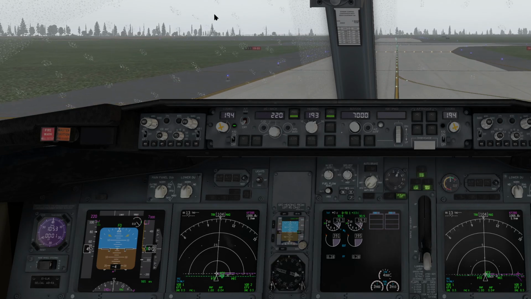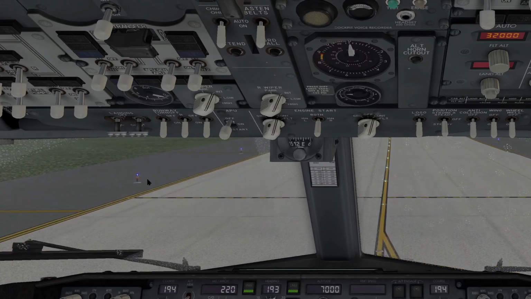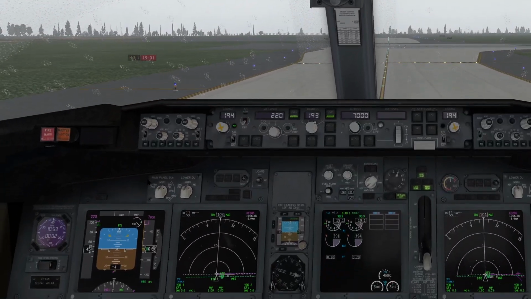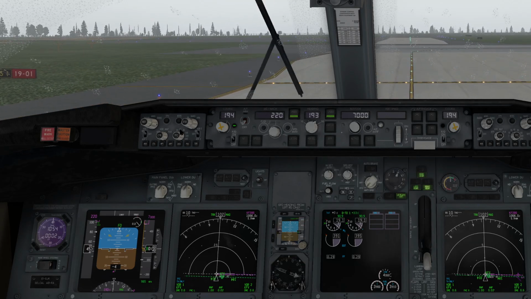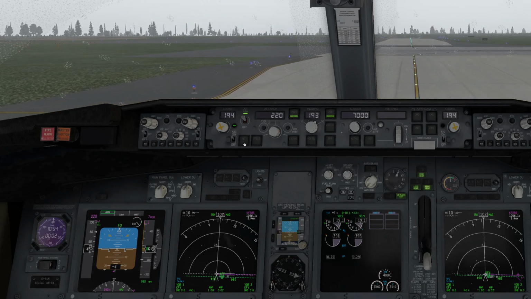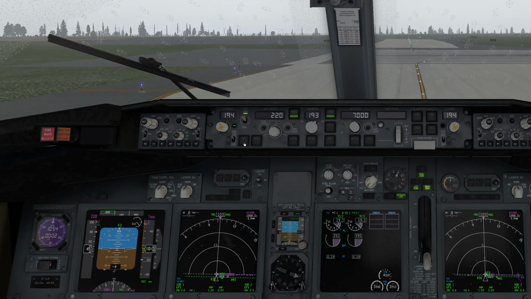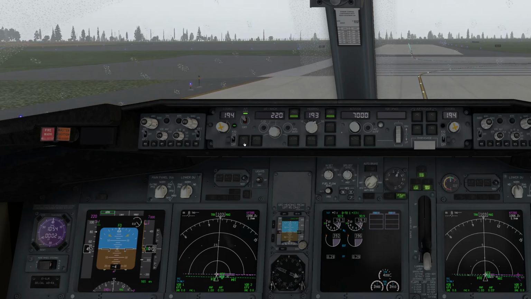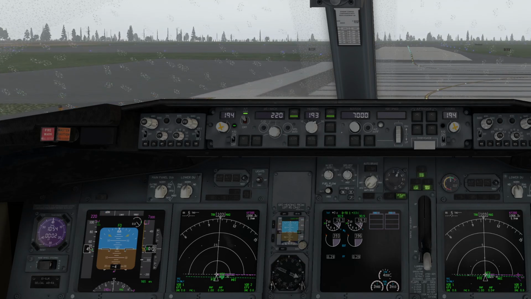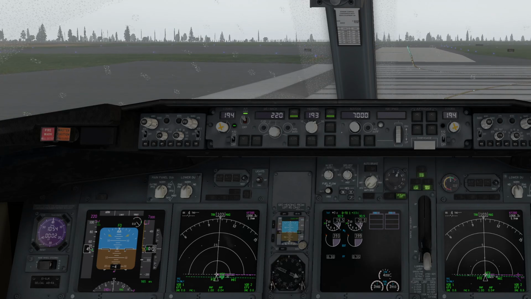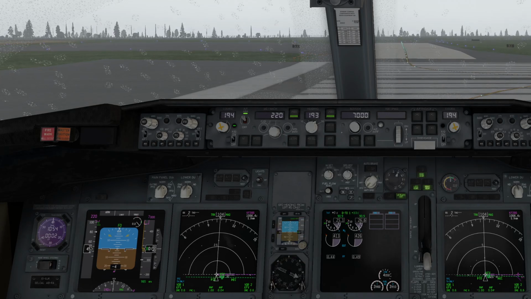So we are about to take off, so we have received the takeoff clearance, landing lights on, auto thrust on, some thrust now, 25–30%.